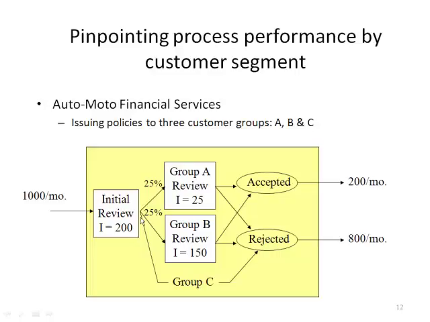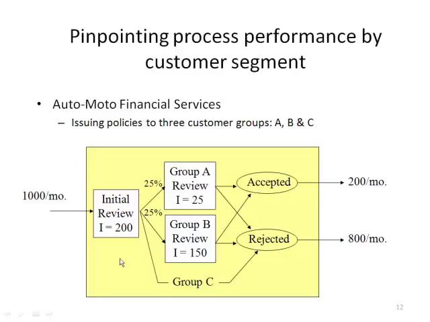Out of the initial review, we determined that 50% of those are Group C. The reason we know that is 25% are Group A, 25% are Group B, so the remaining 50% must be Group C. So in effect, out of the 1,000 that come in every month, 500 of those are Group C.